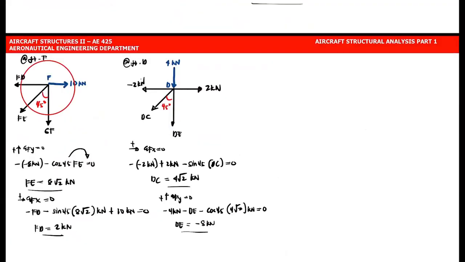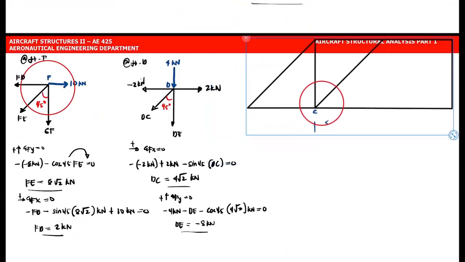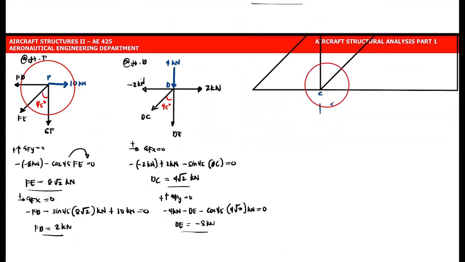Then, paste natin dito. Alright. So, ito yung ating joint C. Okay?